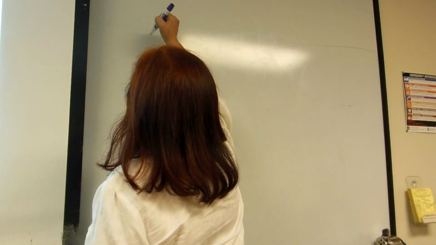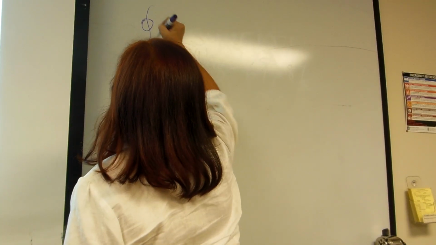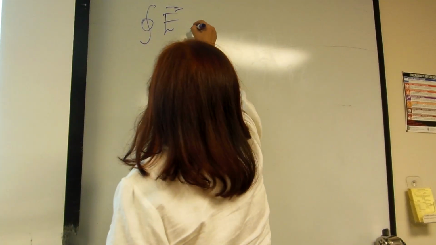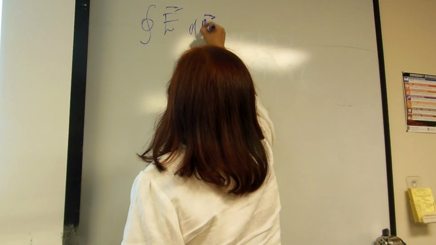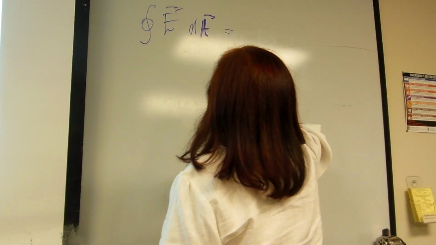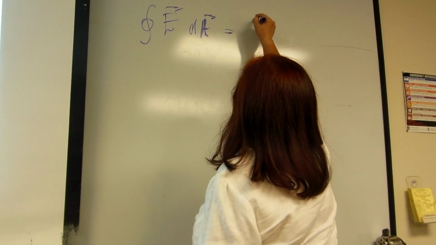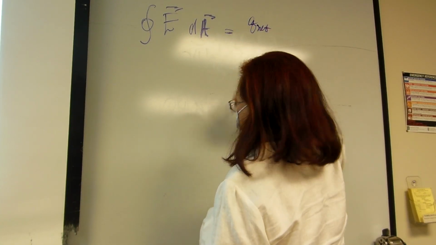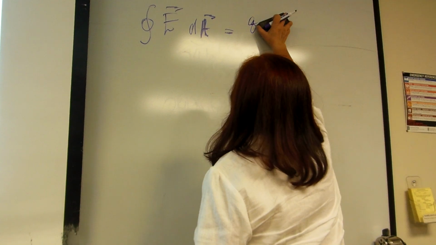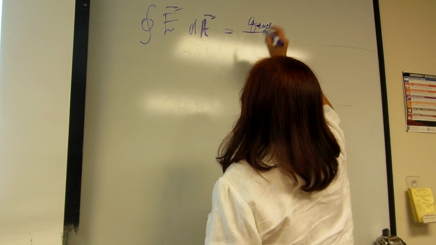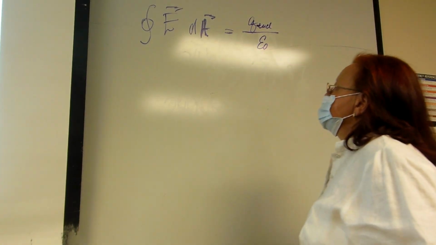So there are 4 Maxwell equations. First, for the electric field, the integral of E dA over the area equals Q net, or Q enclosed, different notations, over epsilon 0, a certain constant.